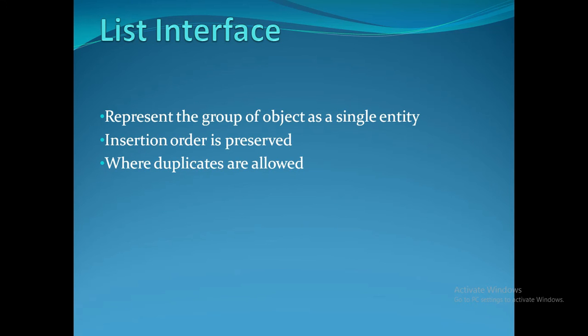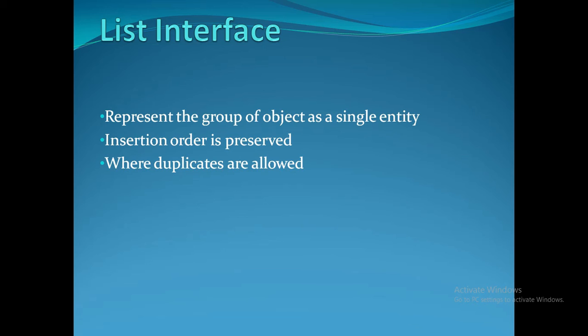The next one is that duplicates are allowed in the list interface. It means, let's take the example of the collection students. Now I have the student S1 having the name ABC, then a second student having the name XYZ, a third student having the name PQR.